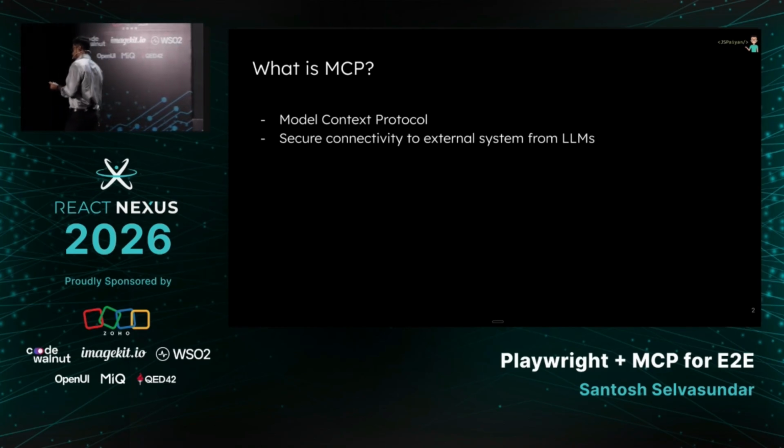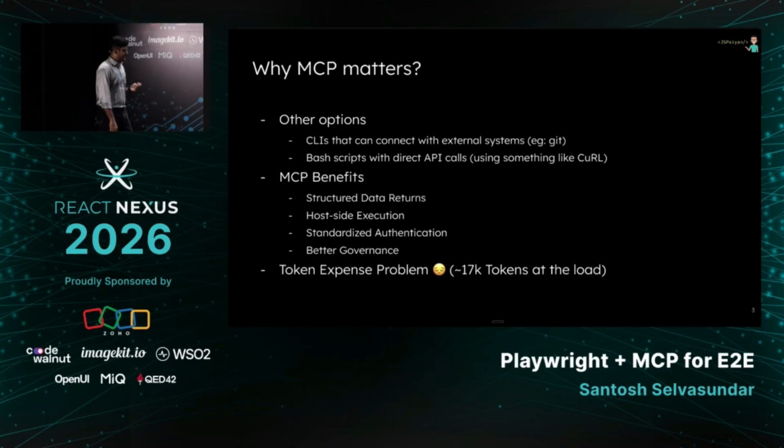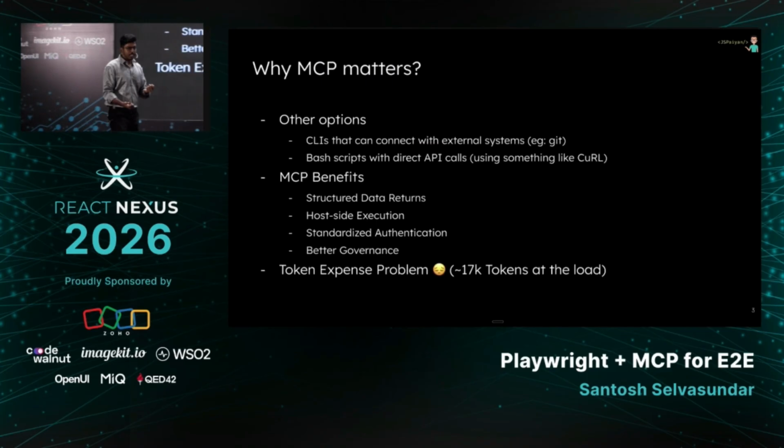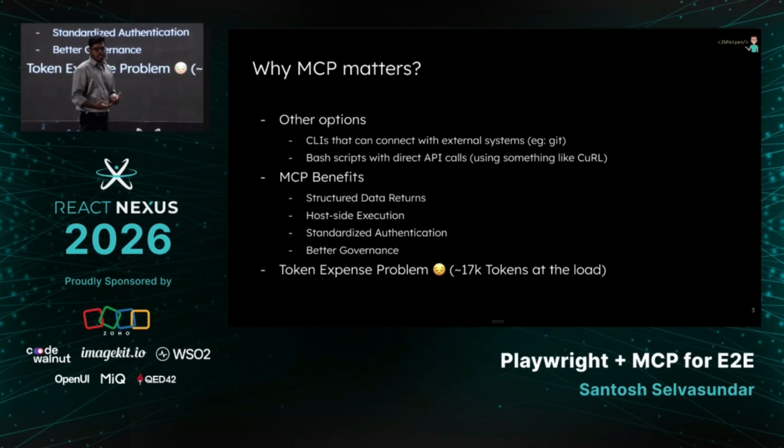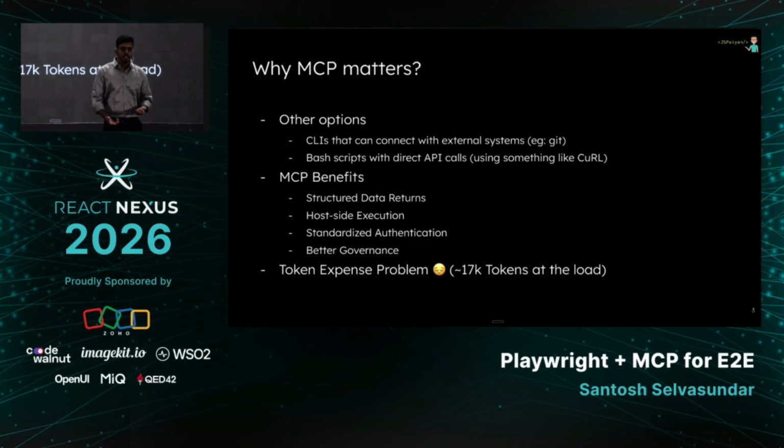Now, why MCP matters? There are other ways, right? Agents or coding agents or any LLMs for that matter, if you're giving it a process on your local machine, it can do anything. It can run bash scripts, it can use your CLIs.